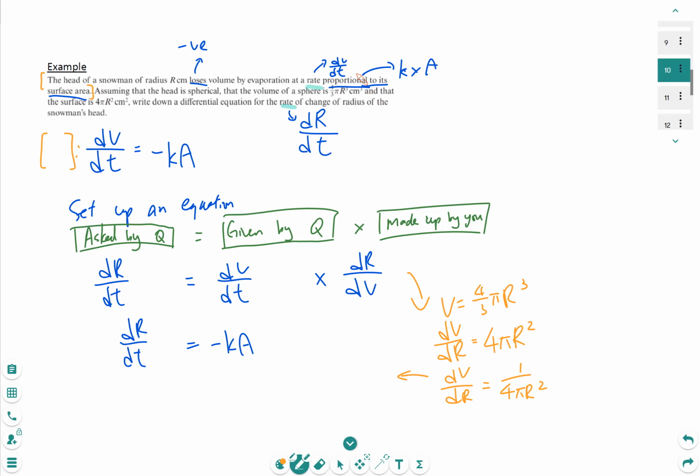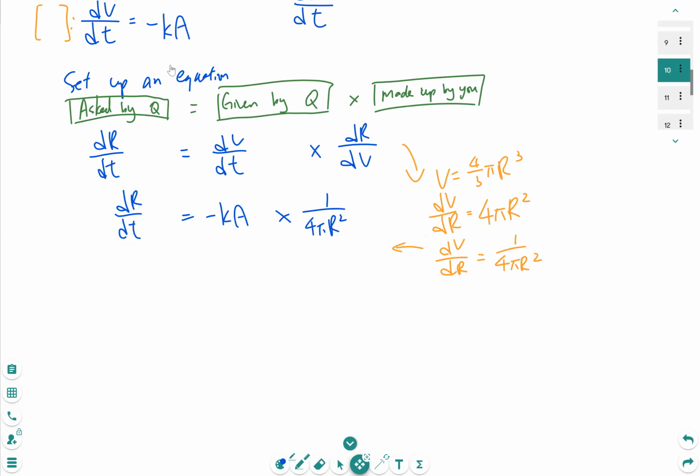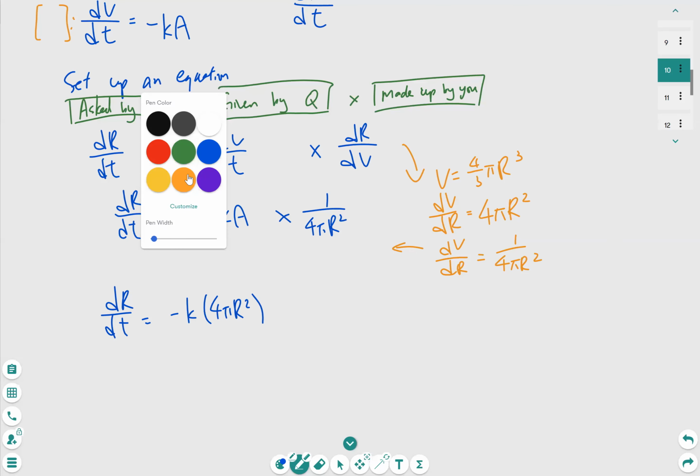So let's sub it in, times 1 over 4 pi r squared. But we also know a is 4 pi r squared, given by the question. So I'm going to rewrite that as negative k times 4 pi r squared, in case you need this.